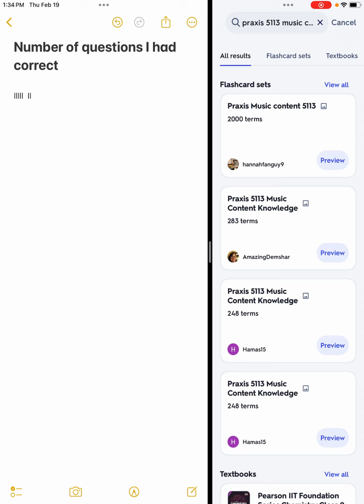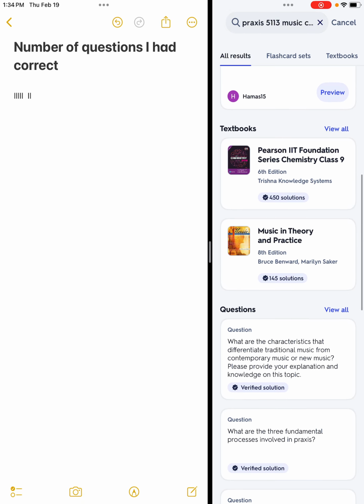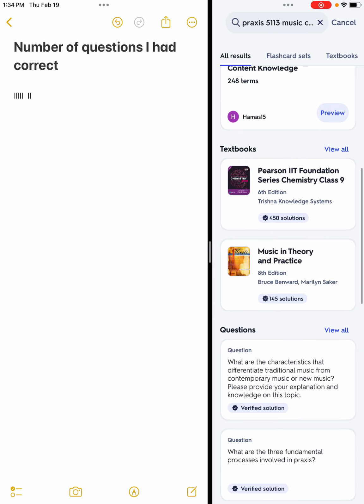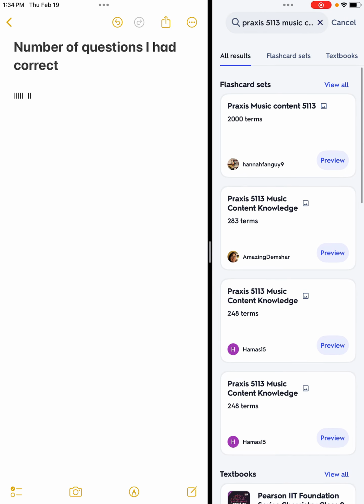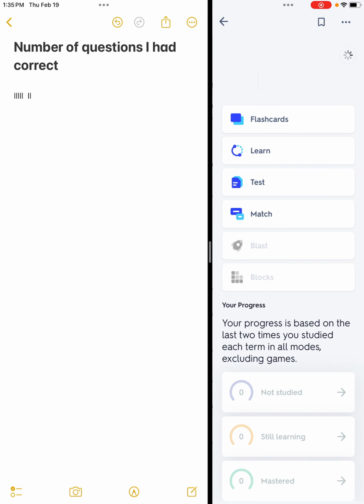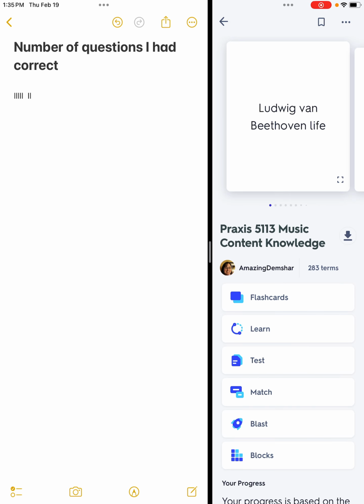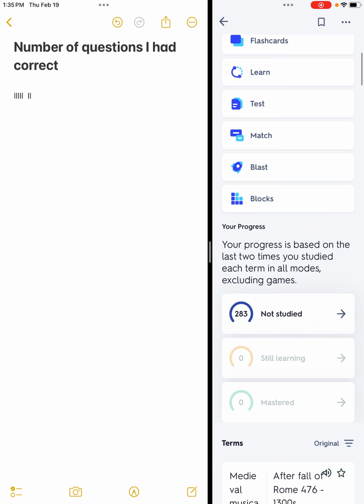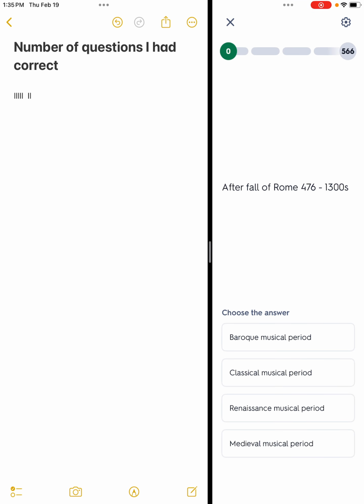We got some more. Where do I go to? Okay, we'll go to this one then. I'm going to go to this term right now.